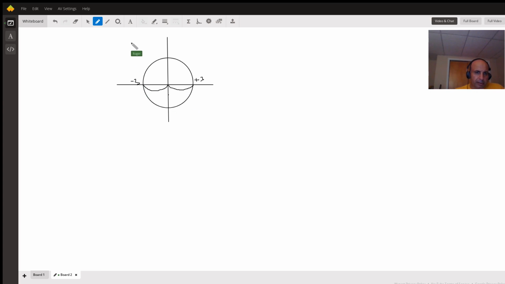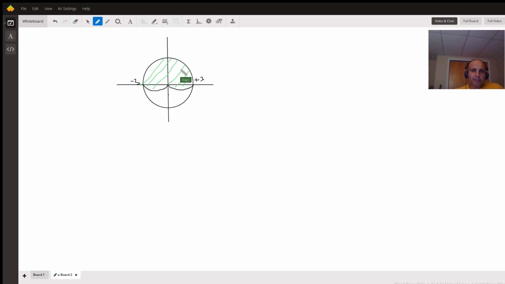So whatever is bounded here, this is the area we're looking at. I'm shading it so you would know what the limit of this area is.